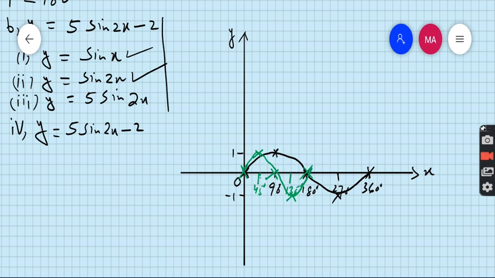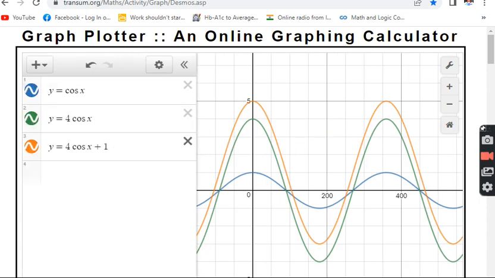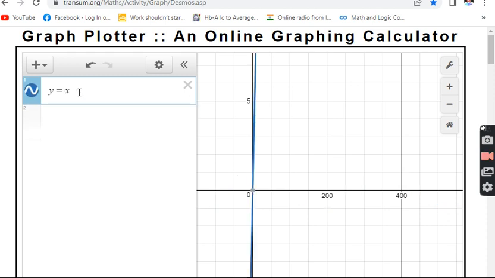Before I start to draw the third graph, I want to show these two graphs on my graphing software. The first one is sin x.